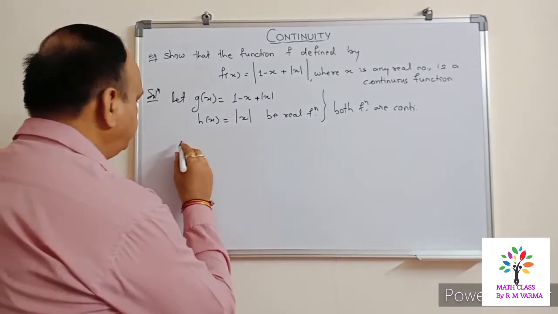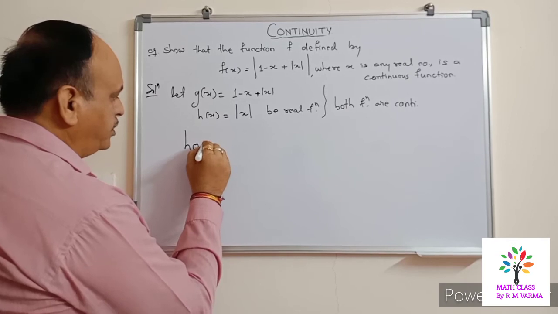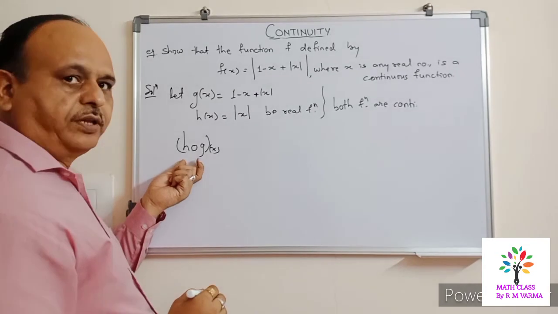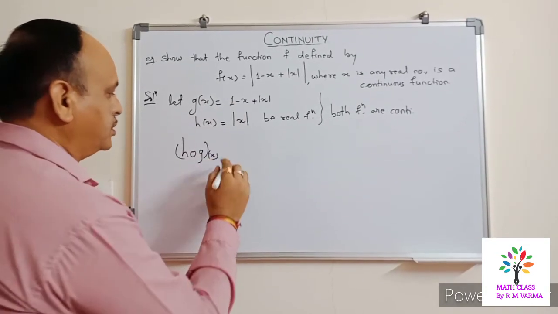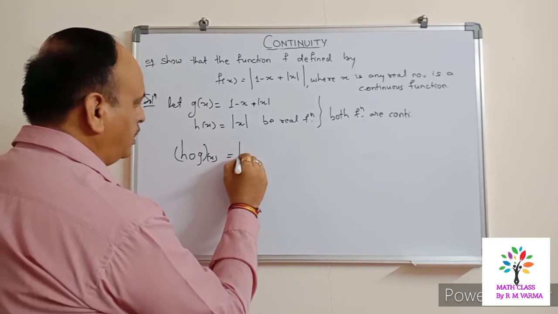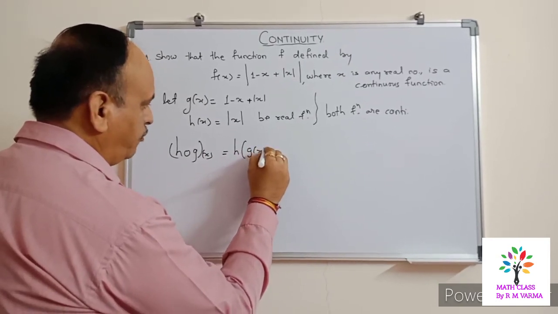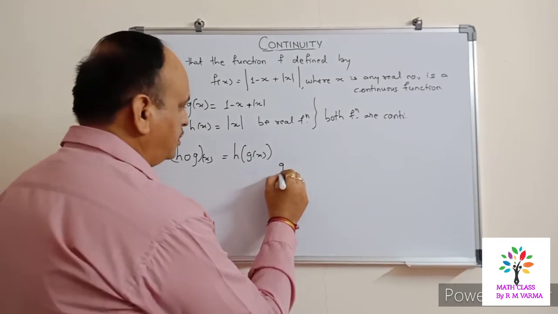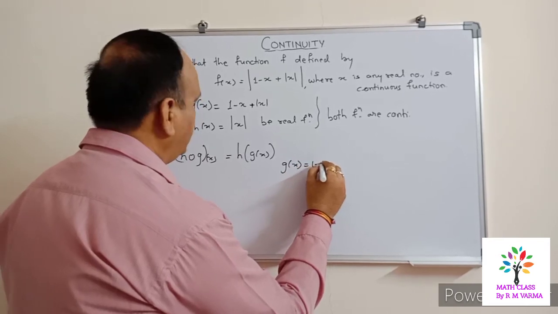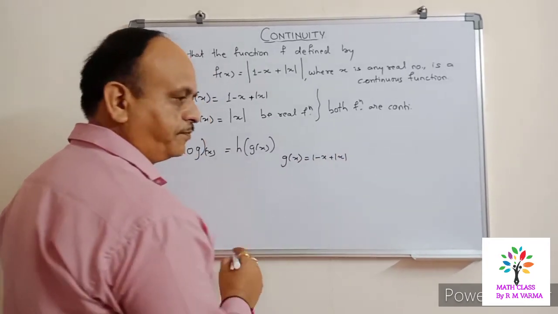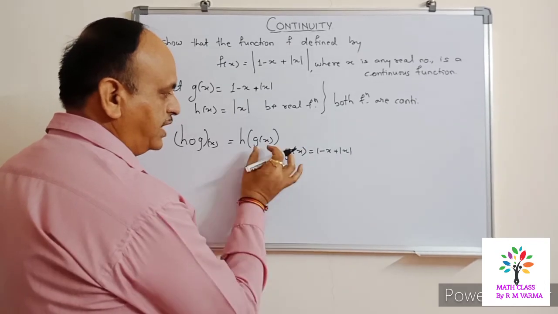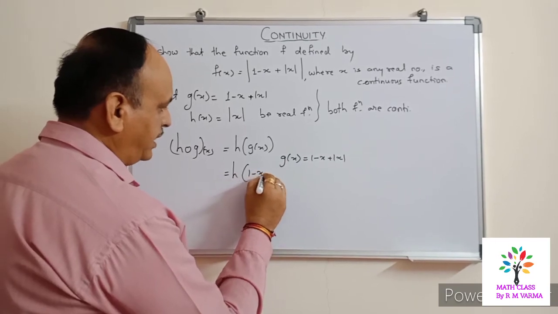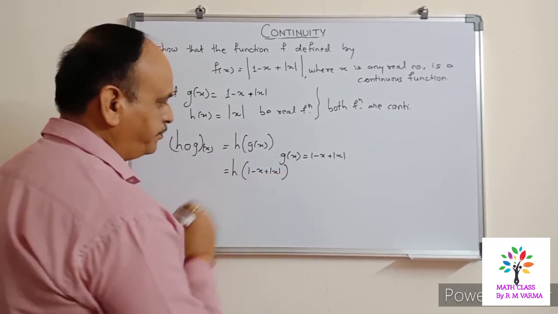Let us do the composition. Composition, h composition g of x. Now h composition g. These are the two functions I am doing the composition of, which equals h of g of x. Now g of x value I have, g of x equals 1 minus x plus mod x. So replace this value of g of x here, which becomes h of 1 minus x plus mod x.